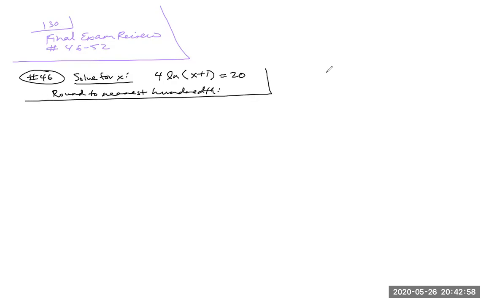Okay, so a little bit of background first, note. We've been talking about logs in some of the previous videos, and essentially, if I have something like log 5, here my base would be 10.